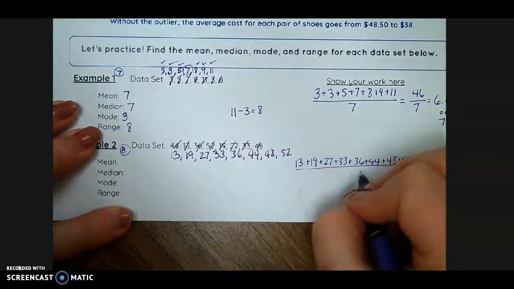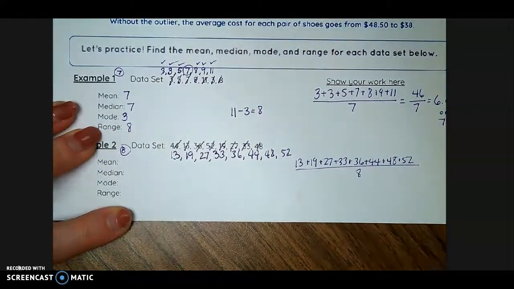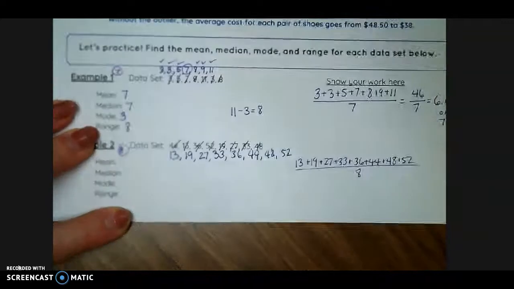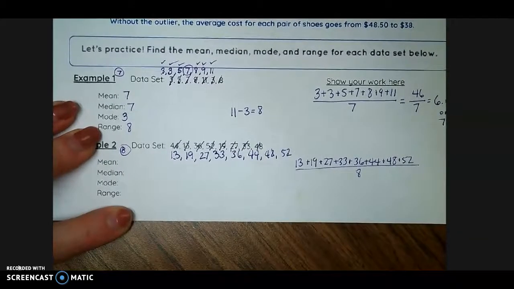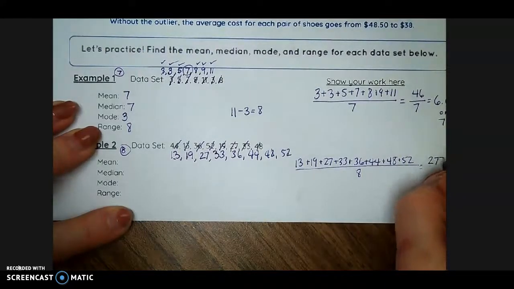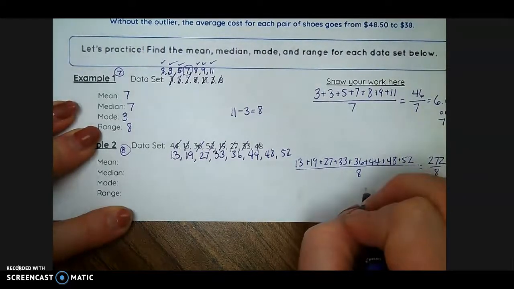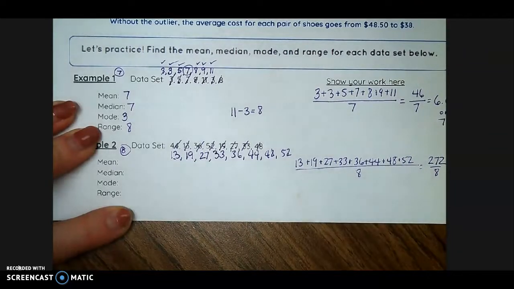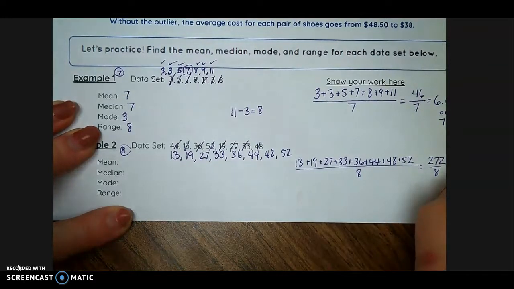So there are 8 numbers in my data set, which tells me that that is what I am going to divide by. When I add those up, I get 272. And when I divide by 8, I get 34.